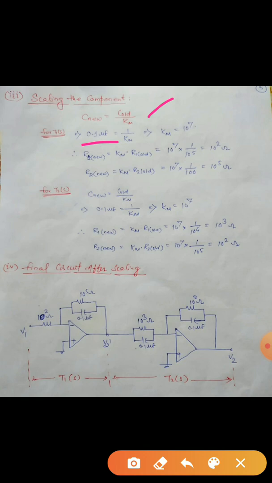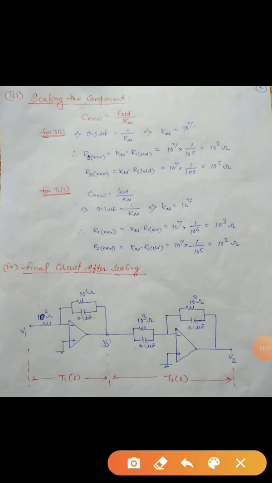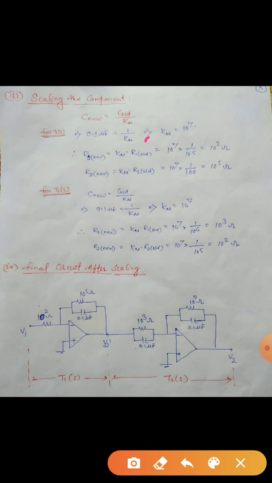The old value of the capacitor is 1 farad. Why? Because in all the circuit components the value of the capacitor was 1. So from there we calculated the value of Km. If the new value of the capacitor is 0.1 microfarad and the old value is 1 farad, the calculated value of Km is 10^7.